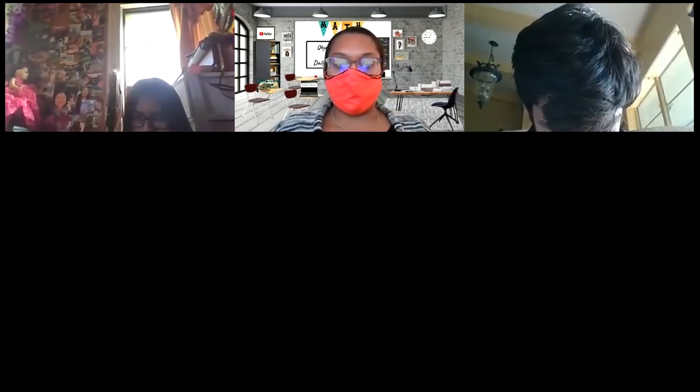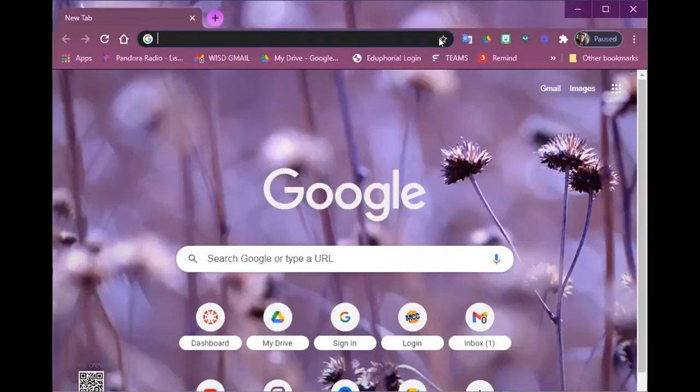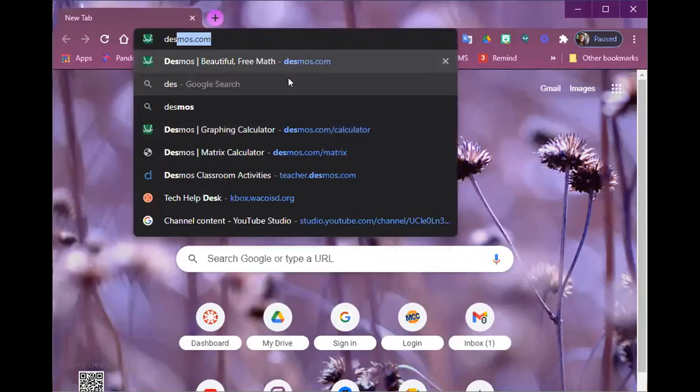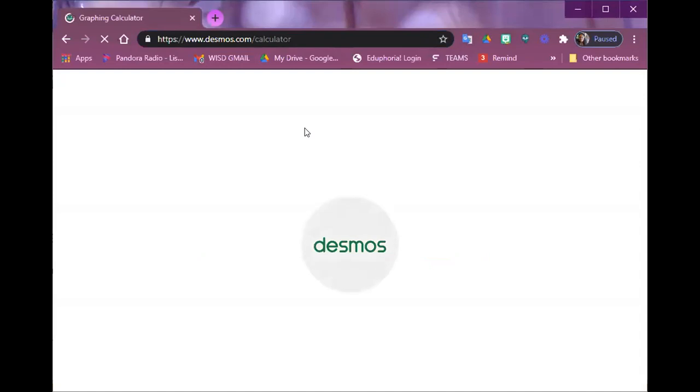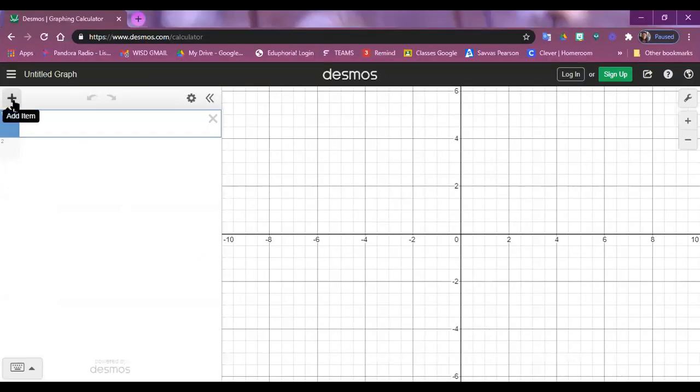All right, so I'm going to Desmos, graphing calculator. It's already set for a new graph, but if it wasn't, then I would go there. So I'm going to add a table.